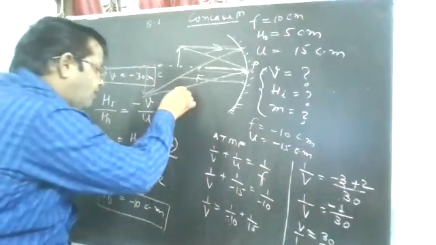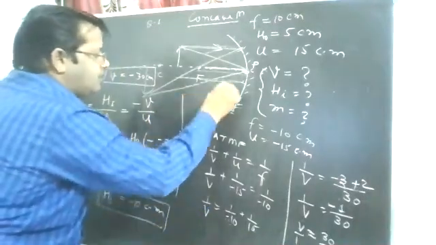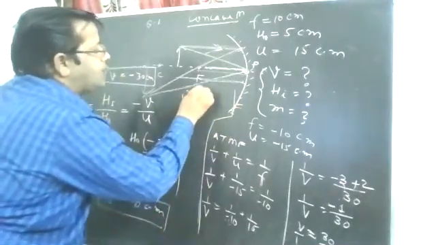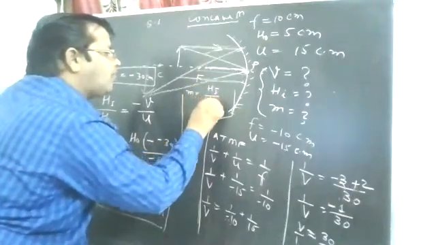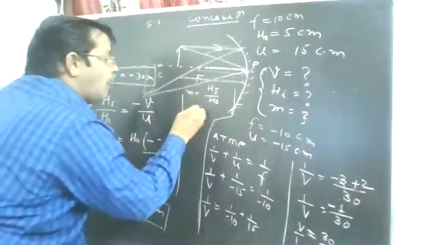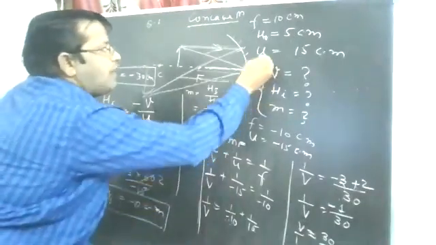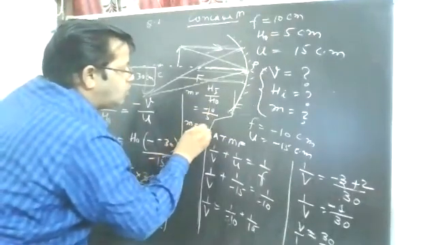Now, if you are asked to determine the magnification, the formula is height of image by height of object. Height of image is minus 10 and height of object is 5 centimeter, so the magnification is minus 2.